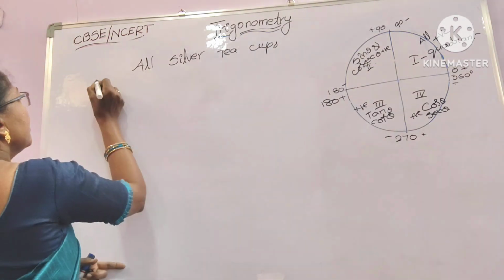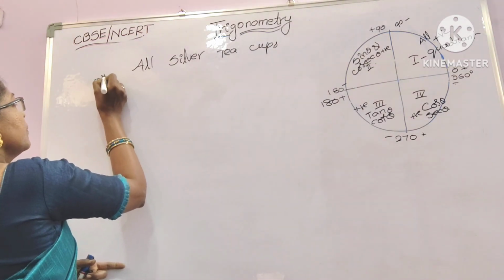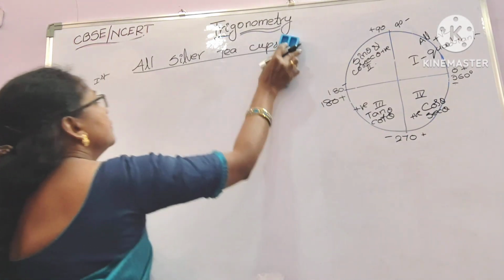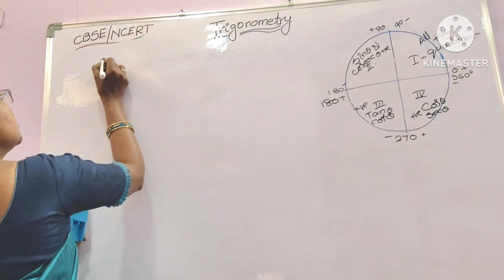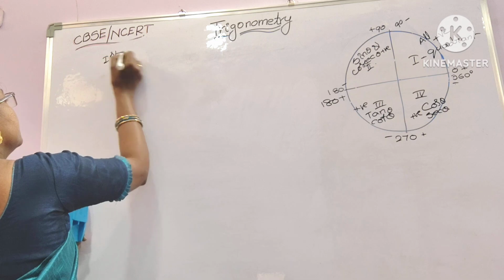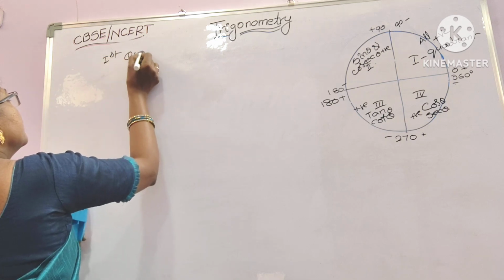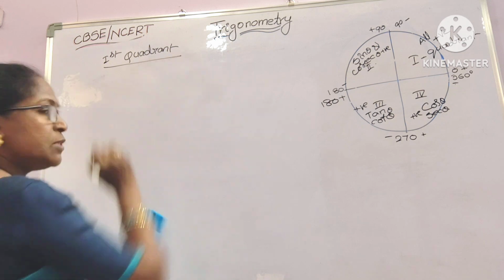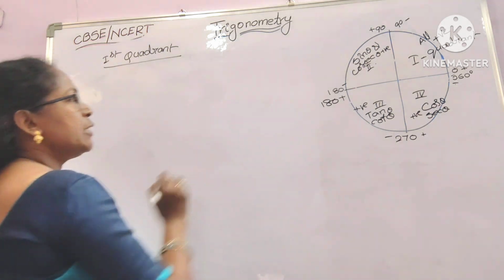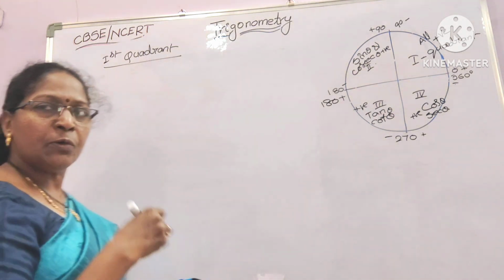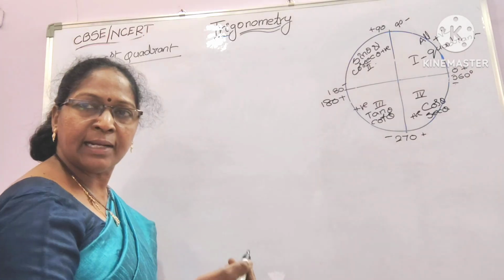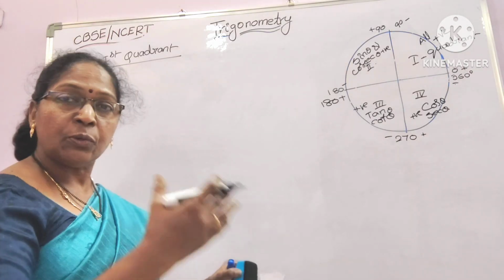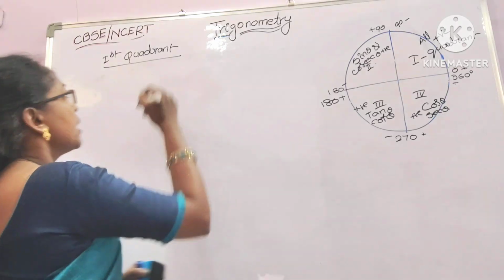First you write the first quadrant. What is it? First quadrant is 0 to 90 degrees, less than 90 degrees, and the next one is 360 plus degrees. So those 6 trigonometric functions first you have to write.